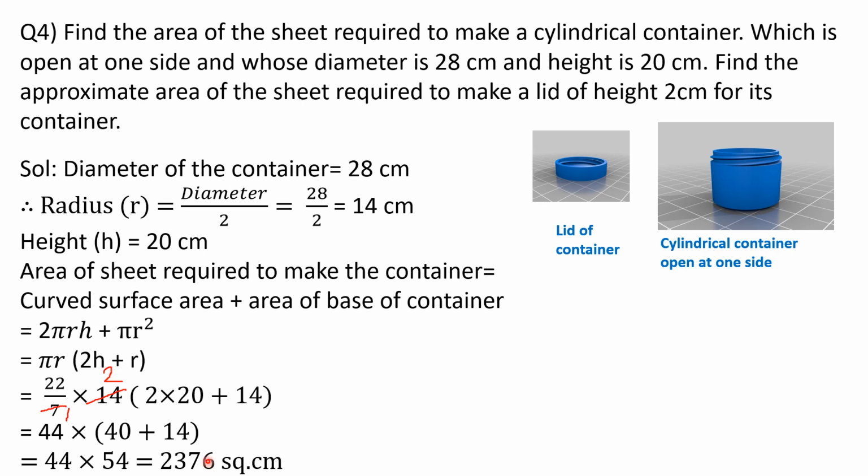So the area of sheet required to make the container would be 2376 square centimeter. Now next is find the approximate area of sheet required to make a lid. Same formula we have to use, but student, what height is given? Height is 2 centimeter for the lid.